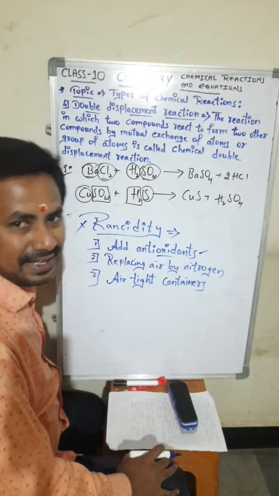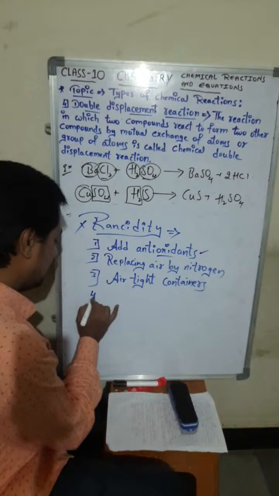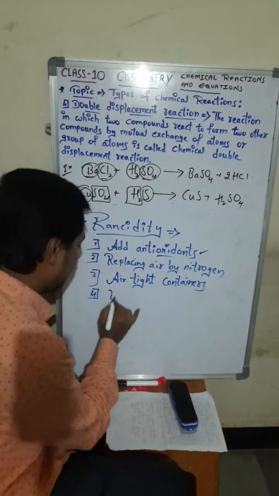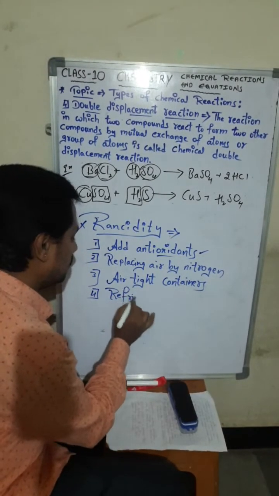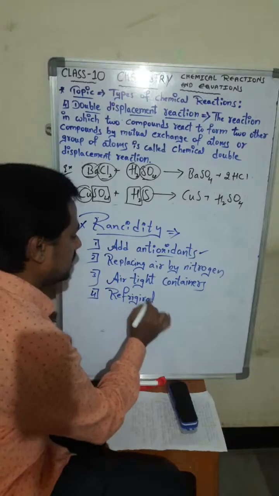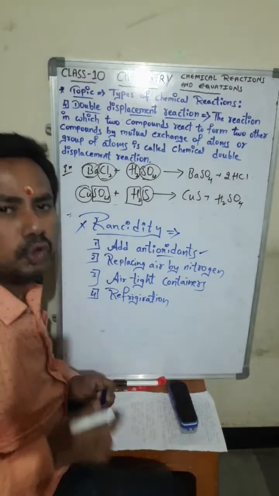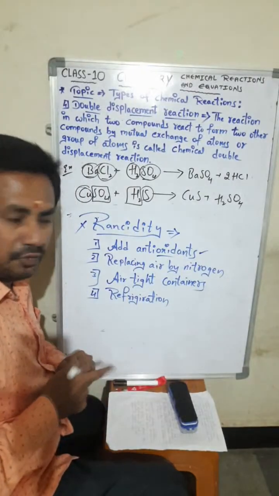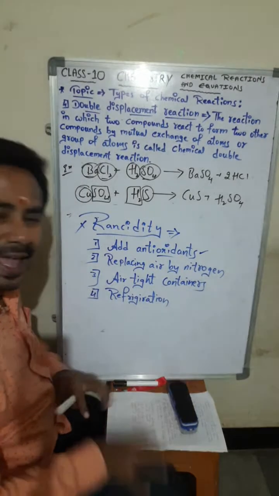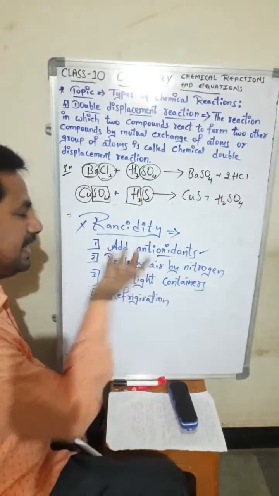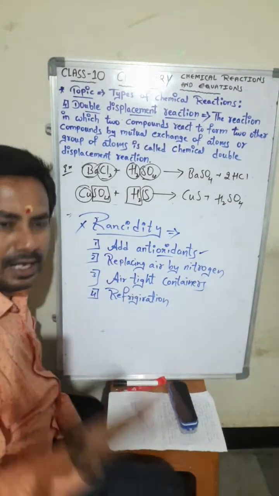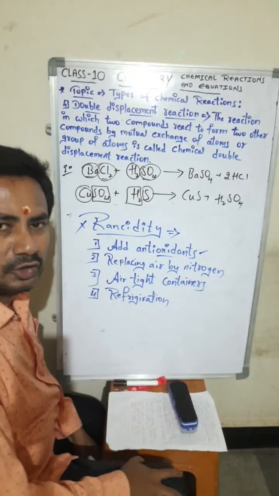Simple, clear, airtight containers. And the fourth one is रेफ्रिजरेशन. रेफ्रिजरेशन मतलब क्या होता है? फ्रिज के अंदर रख दो, घी लाओ फ्रिज के अंदर रख दो, खेल खत्म, वो रैंसिडिटी नहीं होता है, बैड स्मेल नहीं होता है। ऑयल लाओ फ्रिज के अंदर रख दो, रेफ्रिजरेशन.